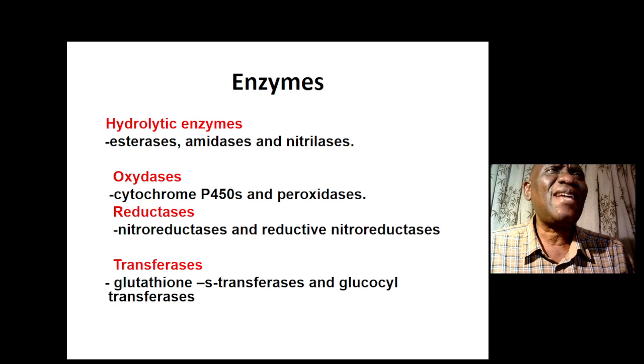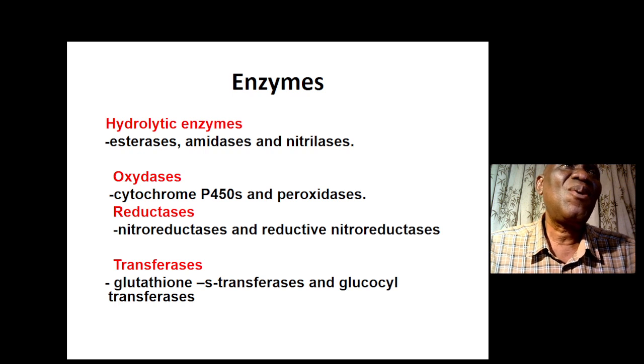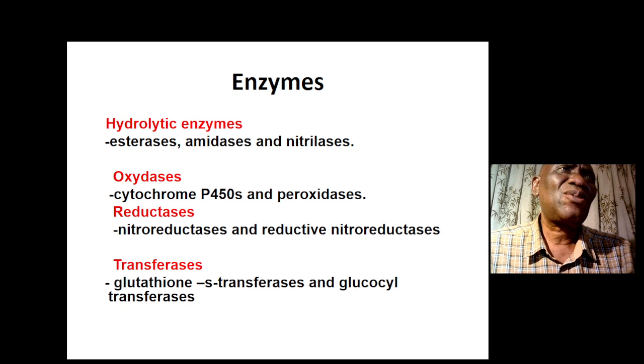If a pesticide is carrying an amide, we classify these hydrolytic enzymes as amidases. If the pesticide has got a nitrile group on it, we can call these nitrases. So if you can recognize some of these functional groups, you are likely to predict what sort of enzymes are likely to break the pesticides.